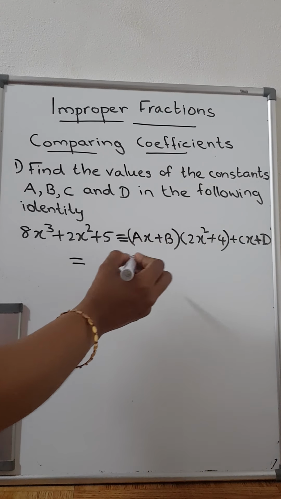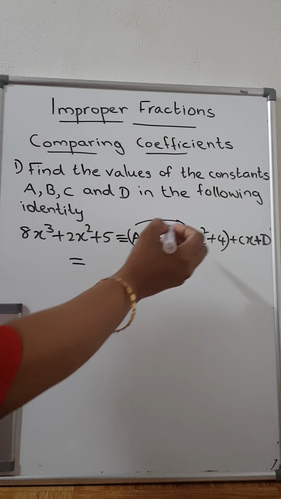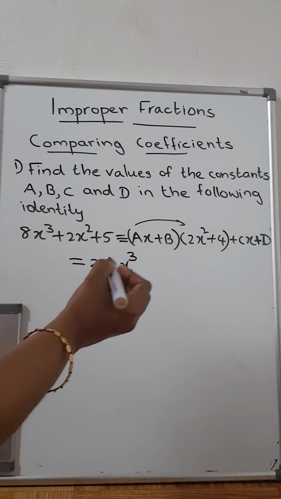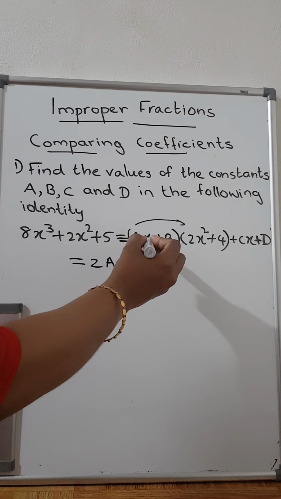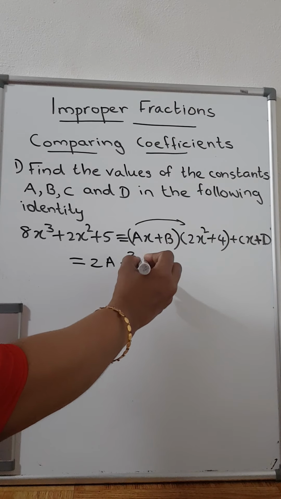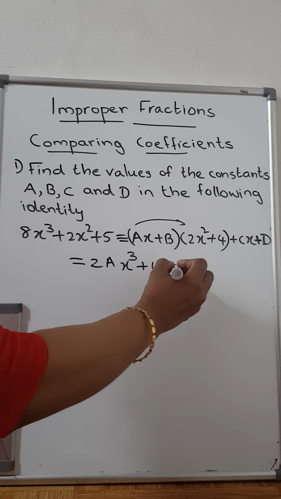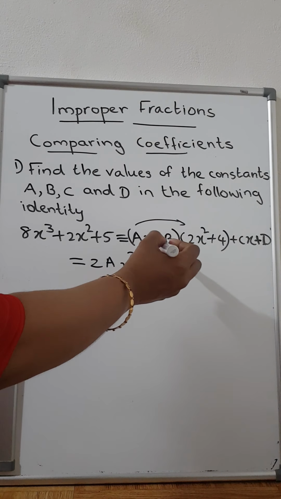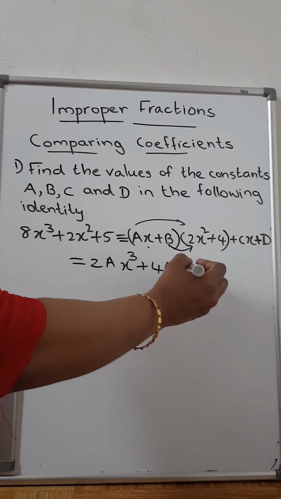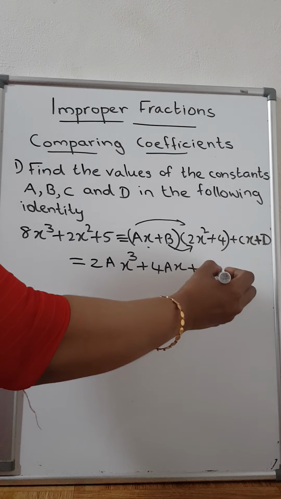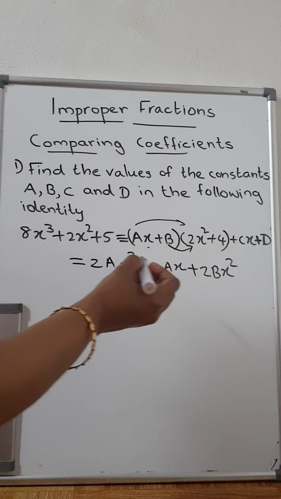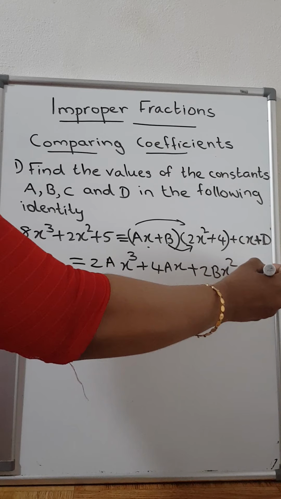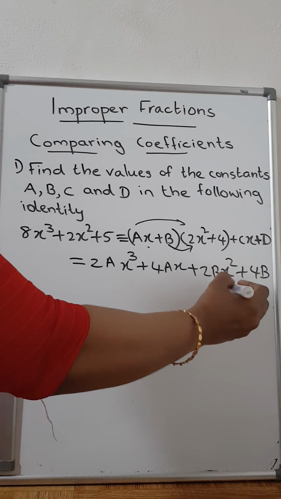ax times 2x squared is 2ax cubed, plus ax times 4, that is 4ax, plus b times 2x squared, that is 2bx squared, plus b times 4, that is 4b, and plus cx plus d.